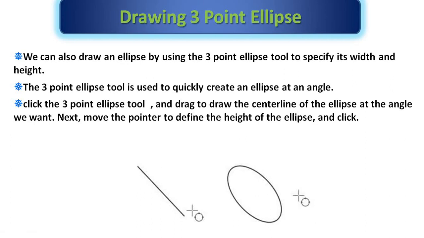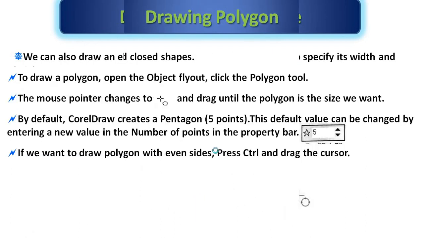And as I told you earlier, we may use the 3-point ellipse tool to draw the ellipse. I have to select a place where I am going to start my ellipse, and drag the mouse pointer to draw the center line of the ellipse, and then move my mouse pointer and click, and the ellipse will appear on my screen.